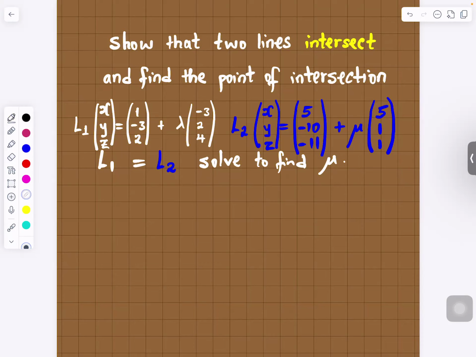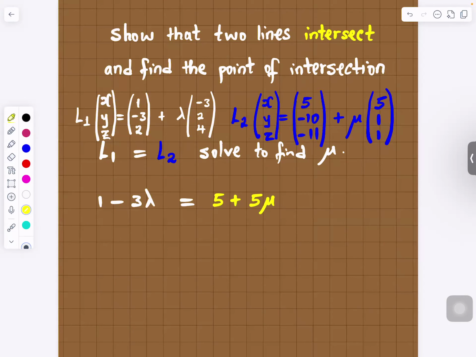So now we make the two lines equal. The first one will be 1 minus 3 lambda, equals, for the other side, 5 plus 5 mu. That's one side for L1 and the other side for L2.